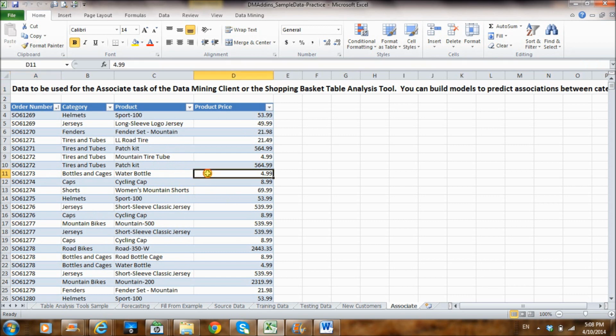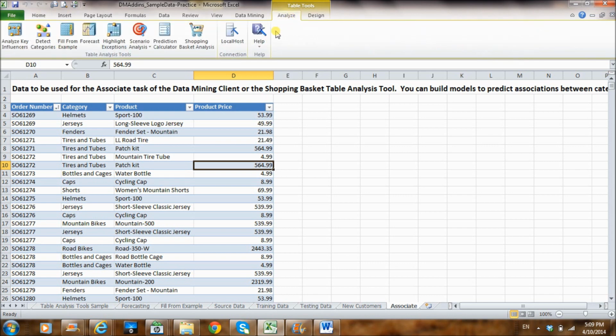If you click inside, as you can see, the menu will change. If you click outside, that will be gone. So let's click inside, and then we have new table tools available. We're going to use the analyze menu item over here. So click it, and it will show you a ribbon for data mining analysis.